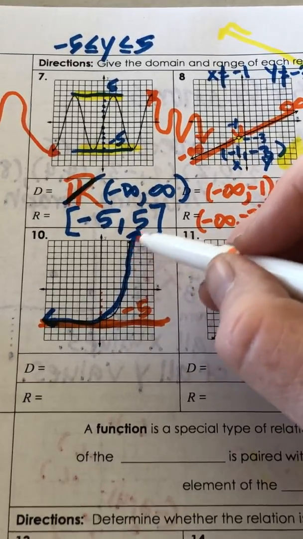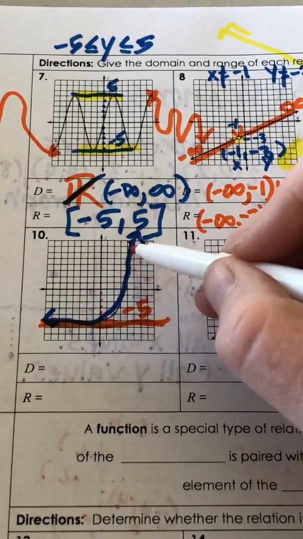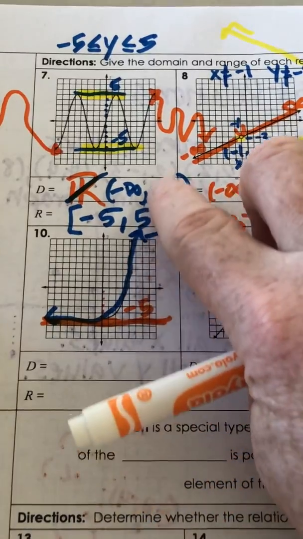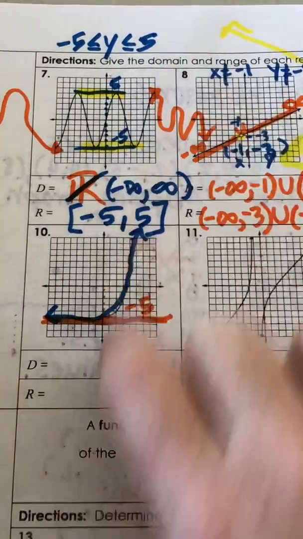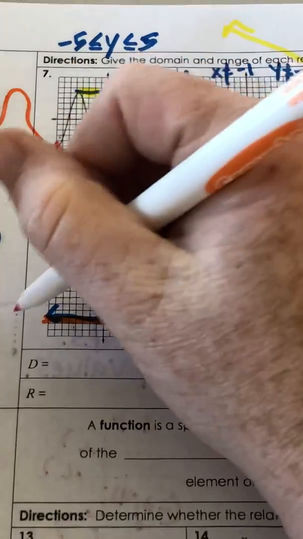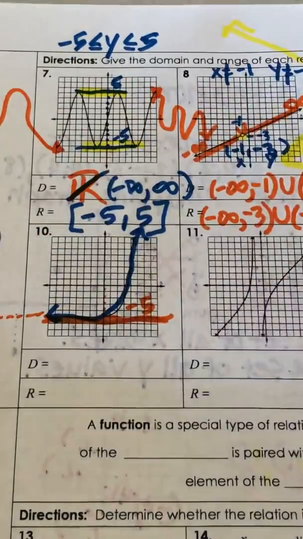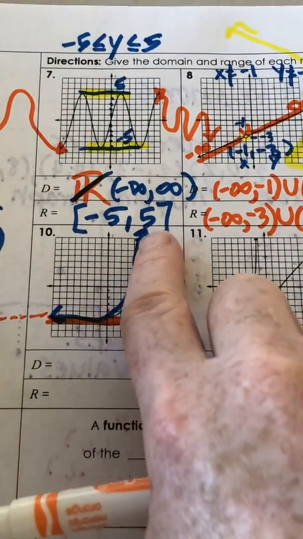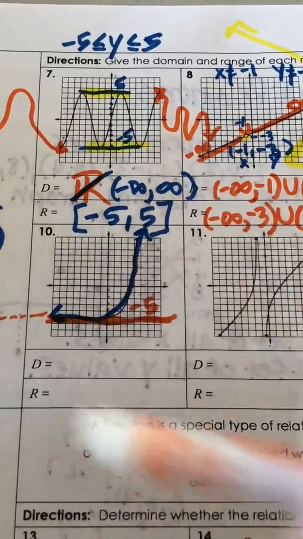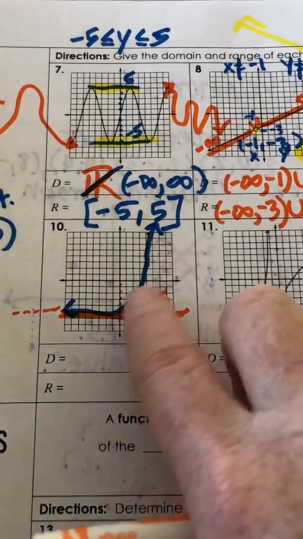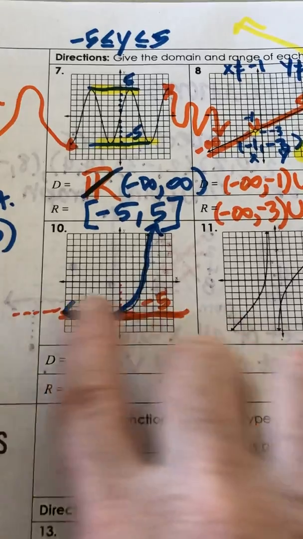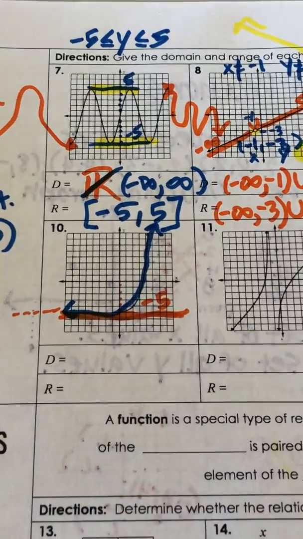If you watched before, or if you look closely before I drew this, it's getting bigger and bigger and bigger. It's only asymptotic right here, and that's probably the harder thing to see with the graphs. But it kept crossing over and getting bigger and bigger, any line that you tried to draw. This one is not crossing over -5 horizontally.